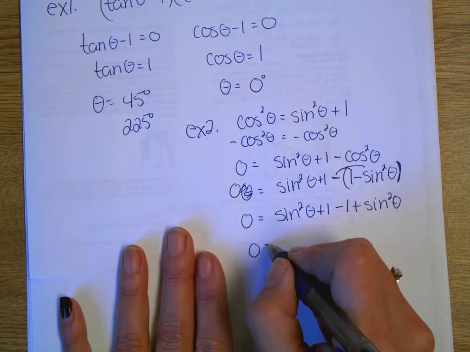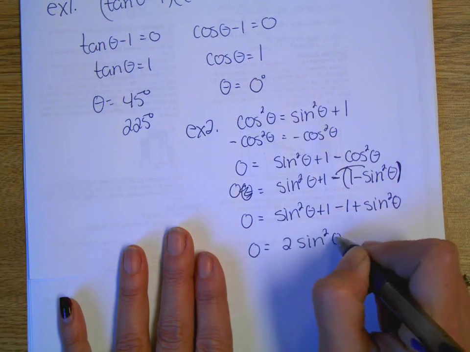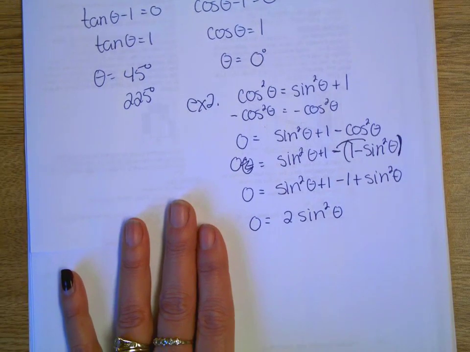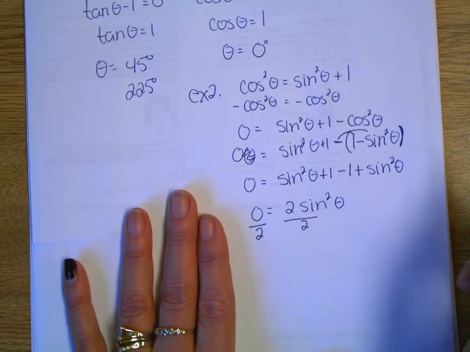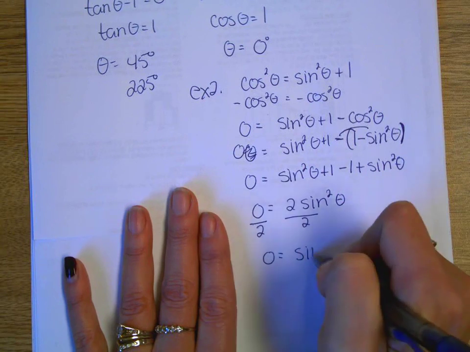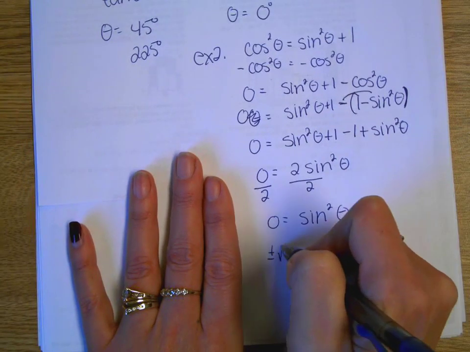What do I have left? 2 sine squared equals 0. Now what? Divide by 2. What's 0 divided by 2? 0. 0 equals sine squared. Square root. Plus and minus the square root of 0.